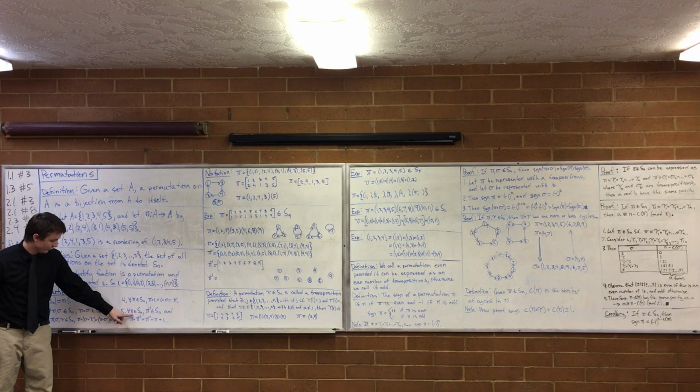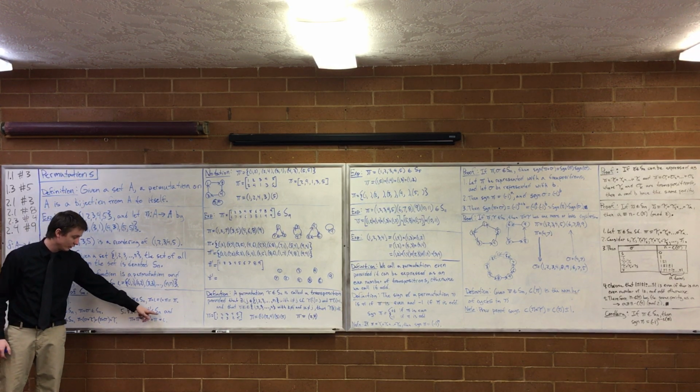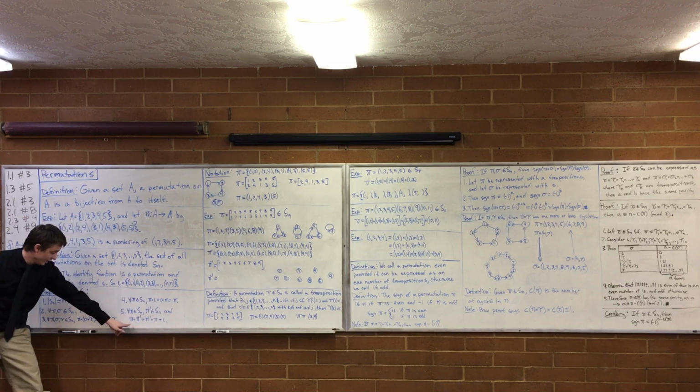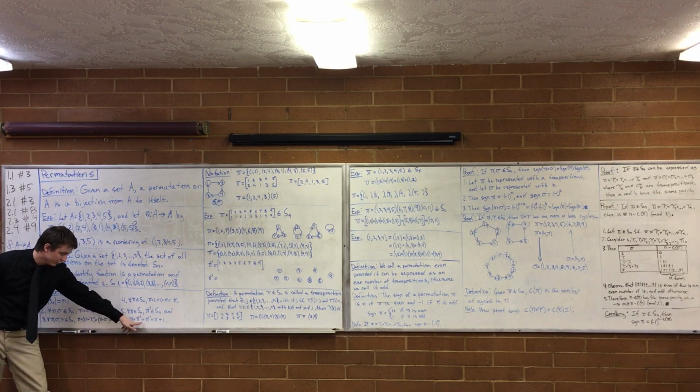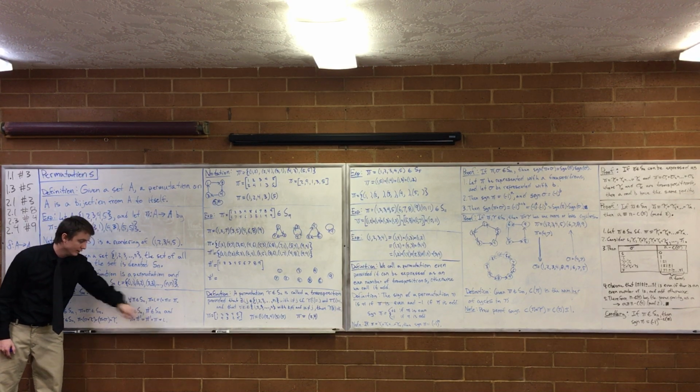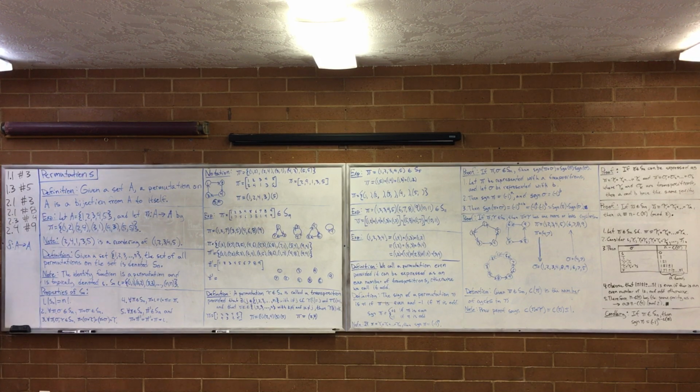So for all permutations in S of n, its inverse is also in S of n. And then pi composed with its inverse is equal to its inverse composed with pi, which is equal to the identity function. Those just undo each other. Okay. So those are some interesting properties that this set has, some nice properties. Good?